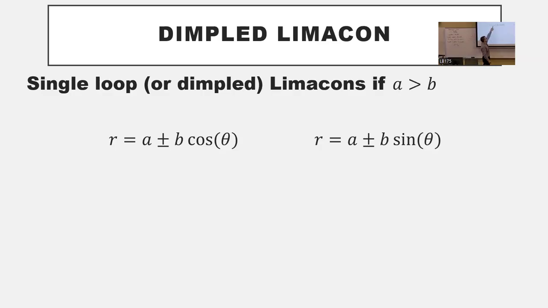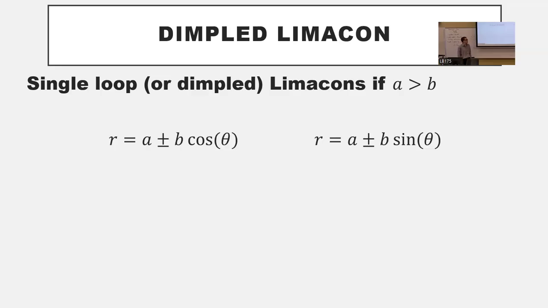If the constant is bigger than the coefficient of cosine or the coefficient of sine, then we do not have an inner loop. We just have a dimpled version. This is called a limaçon. It's actually a French word. It sounds like lemon and then song almost.